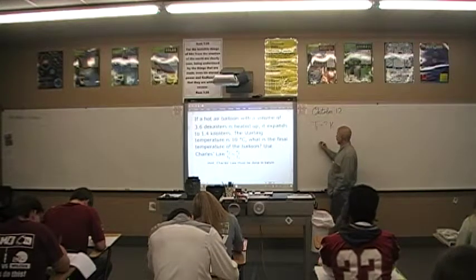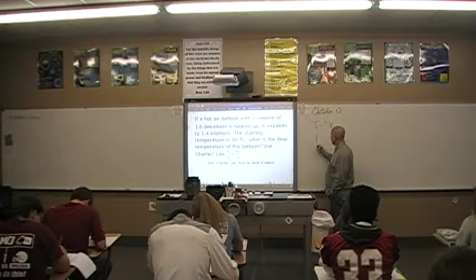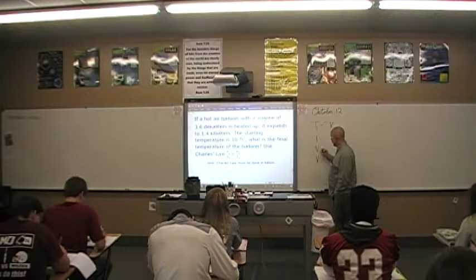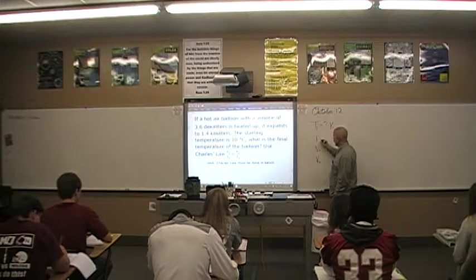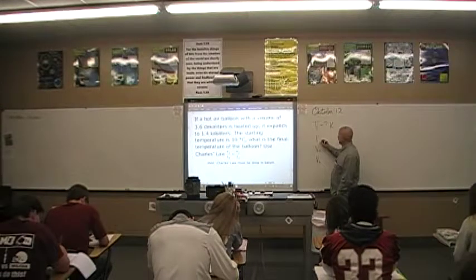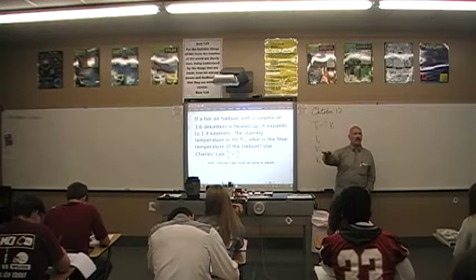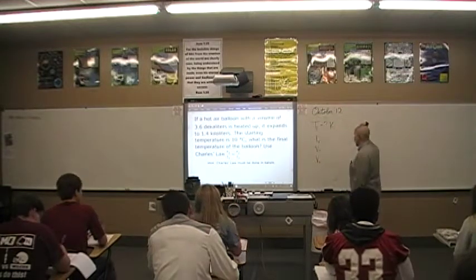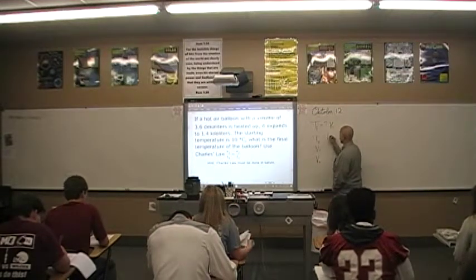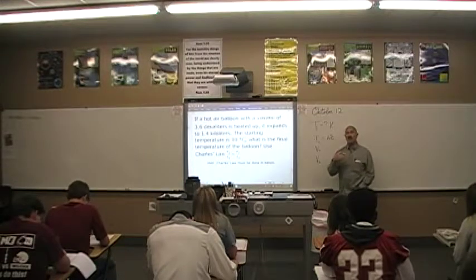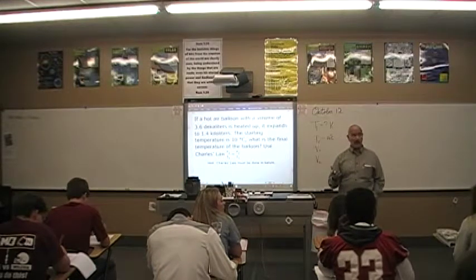Okay, so what do we know? We're going to write down our other T, our V's. We got three things we need to know here, V1, T1, and T1. I call them ones and twos. You can call them initial and final. Either way works. The initial temperature is given as 10 degrees Celsius. I'd get rid of that right away since it says we have to do this in Kelvin.